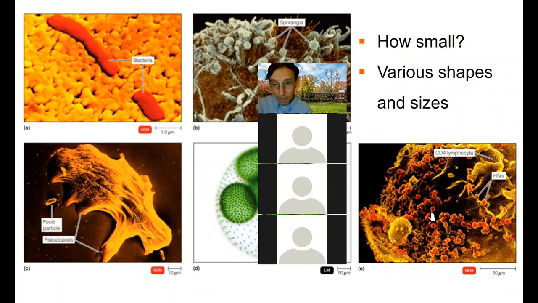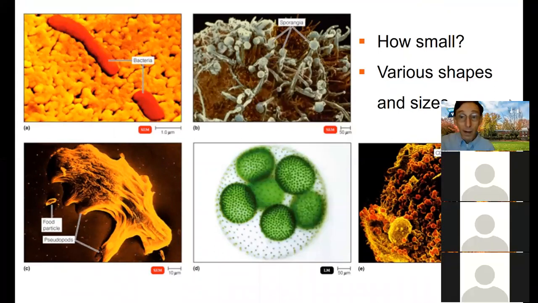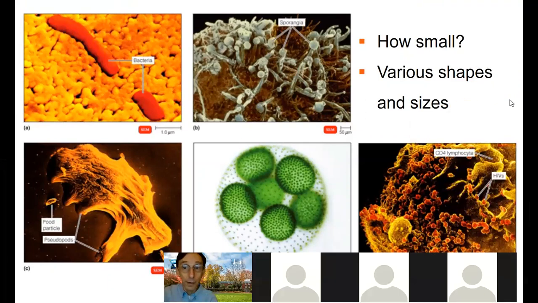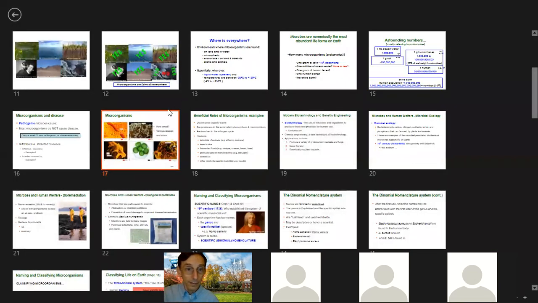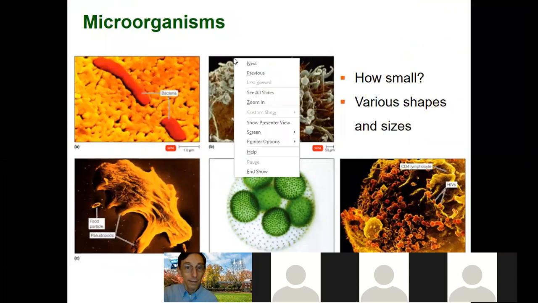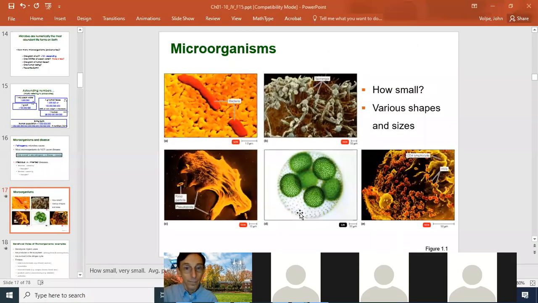That's a lymphocyte, like a T lymphocyte with HIV budding off of it. So that would be a microorganism there, a virus. You can tell that microorganisms come in various shapes and sizes. That's all I'm trying to state here.